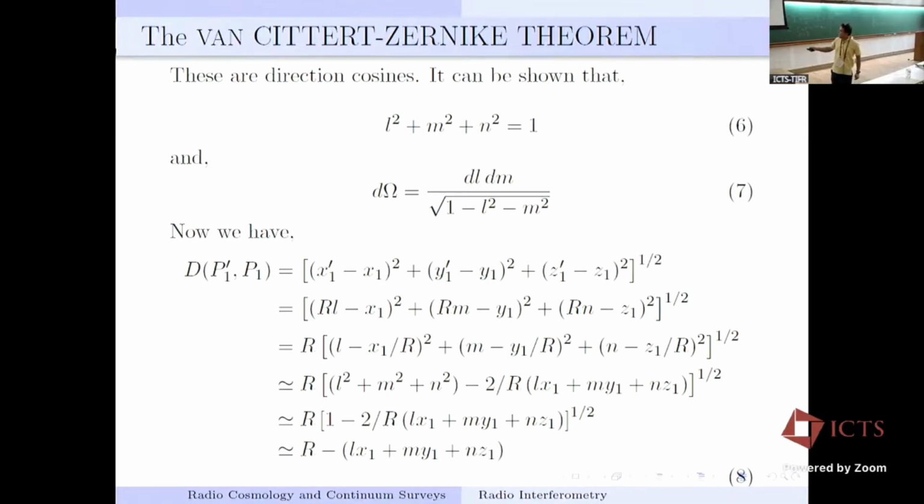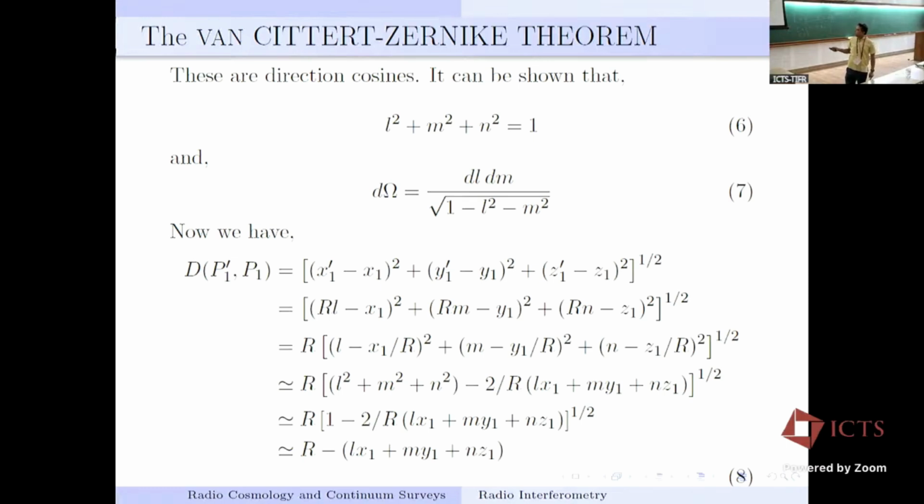But this R is the distance to the source, minimum a parsec, right? A parsec is like 10 to the power 16. So 2 by R into this number is very small, because R is in the denominator and very large, while all these numbers are in kilometers or so.